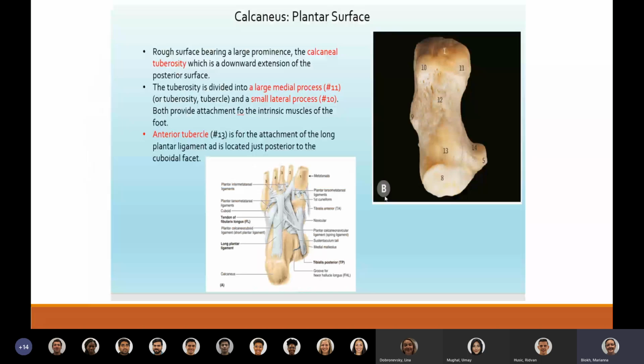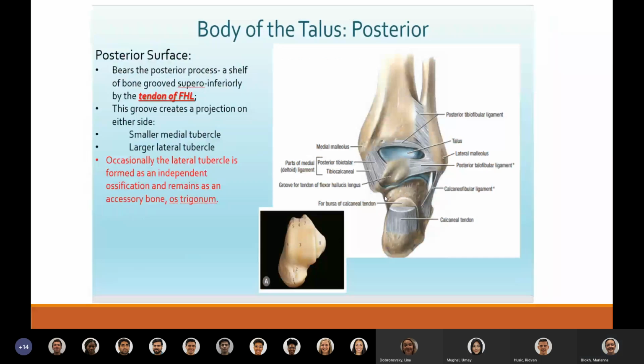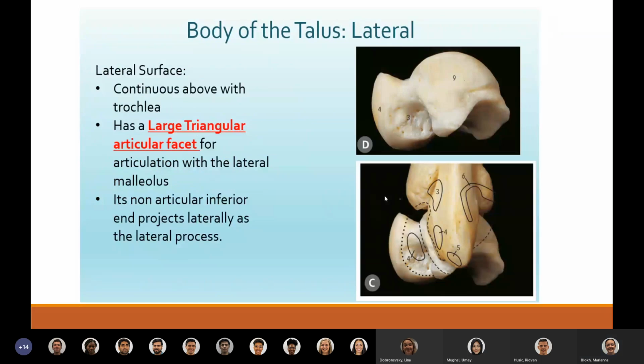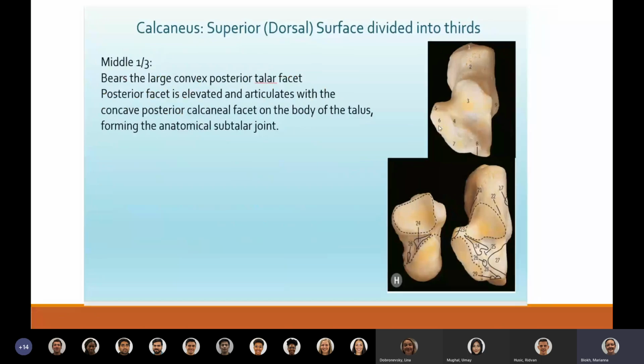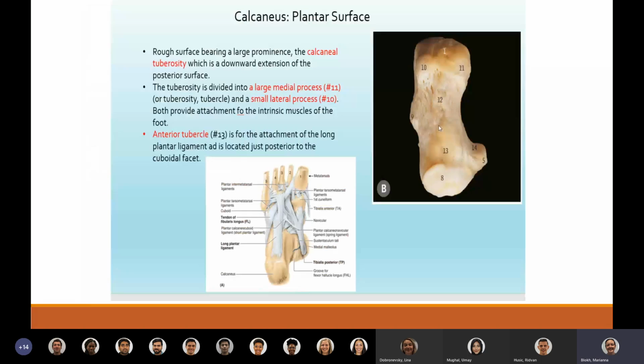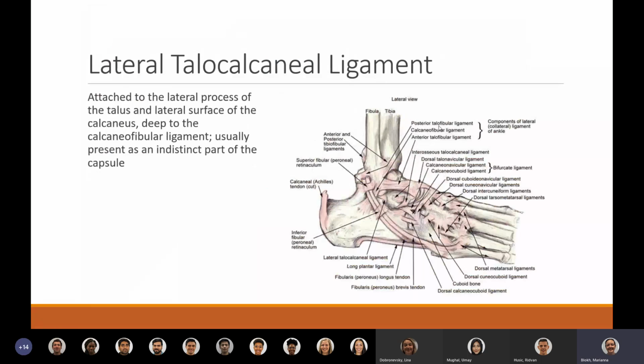When we talked about the talus, the lateral surface of the talus, we have the lateral process that's right here. So the board question could be, what attaches to the lateral process of the talus? That's going to be the lateral talocalcaneal ligament that runs from that lateral process over here, and it inserts onto the lateral surface of the calcaneus.